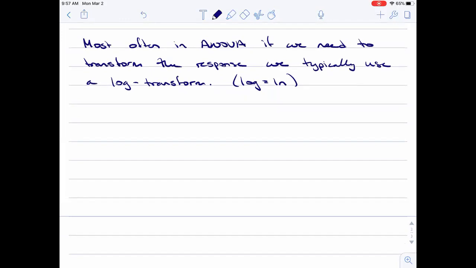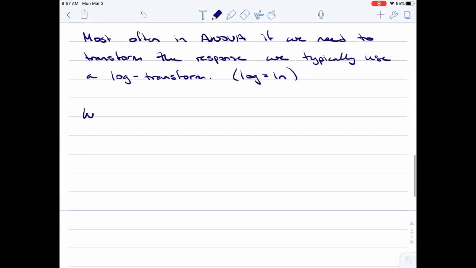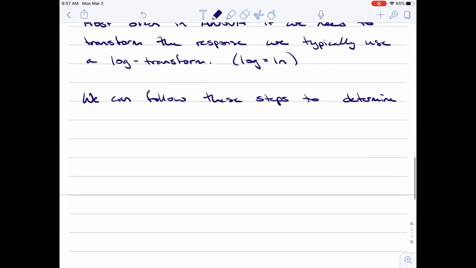So the first thing we have to do, we can follow these steps to determine the best transformation. There's going to be a lot of steps here.